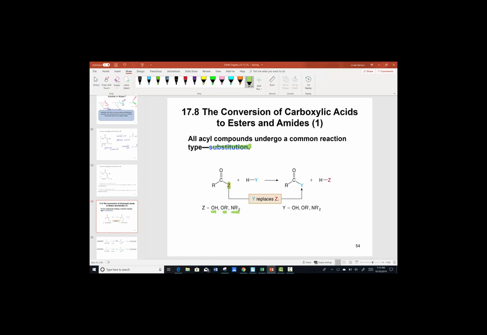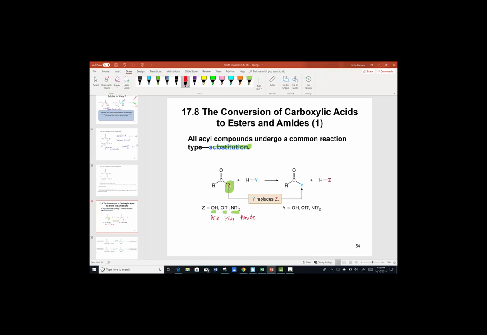If Z is an OH, we know it's a carboxylic acid. If Z is an OR, we name that as an ester. And if Z has the nitrogen in place of the oxygen, we've learned to label that as an amide.